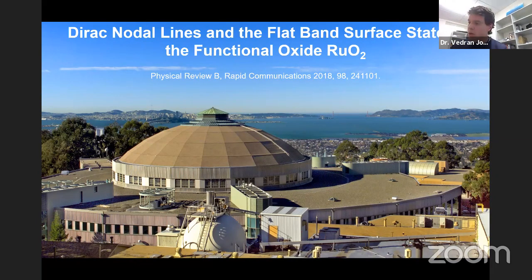Today I will talk to you about our work on ruthenium dioxide and the discovery of these Dirac nodal lines and flat band surface state in this highly functional oxide. As I said in the introduction, I completed this work at the Advanced Light Source Synchrotron, a facility in Berkeley, California, just in the San Francisco Bay Area, in the hills of the town of Berkeley, looking over the bay.